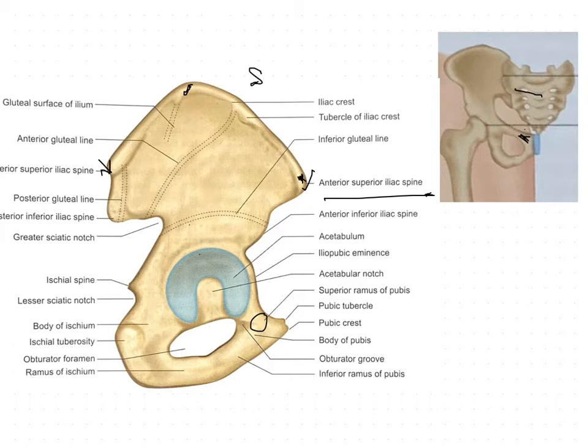So this is about the iliac crest. Now if you see the divisions here, morphologically the iliac crest is divided into a long ventral segment and a short dorsal segment. Ventral segment means anterior.